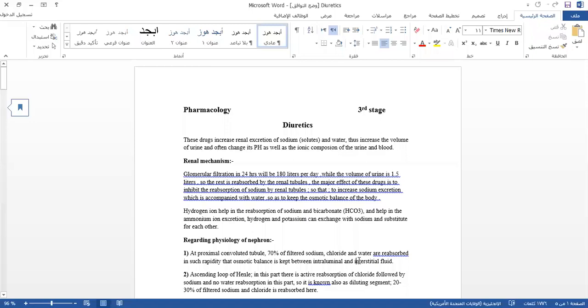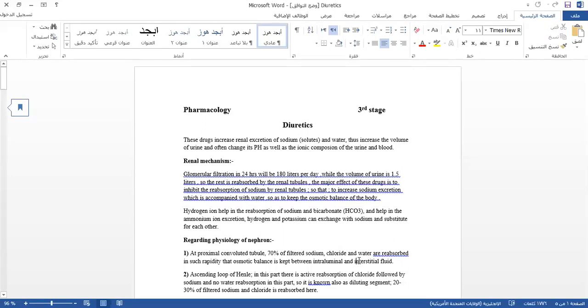Some fluids or substances increase the volume of urine but are not considered diuretics because they do not excrete solutes or sodium. The drugs that increase sodium and solutes as well as water are called diuretics, which often change the pH of urine as well as the ionic composition of urine and blood.